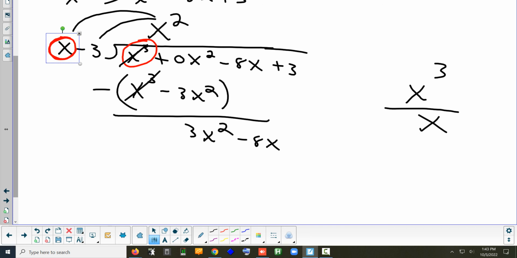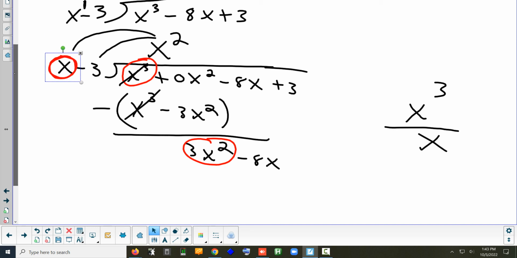Take the first term here and divide it into the first term there. So Cameron, if I take 3x squared and divide by x, what do I get? Just be 3x. Yep.